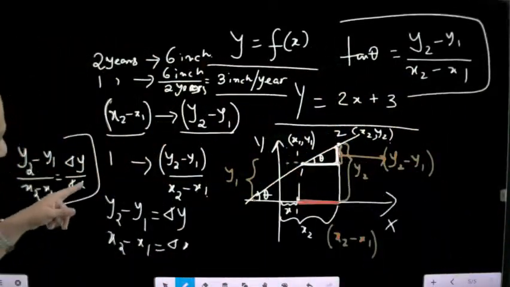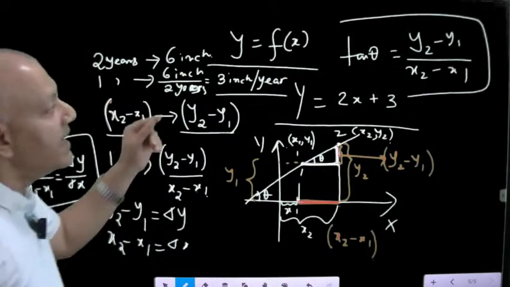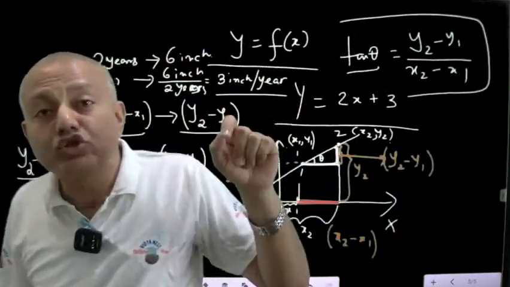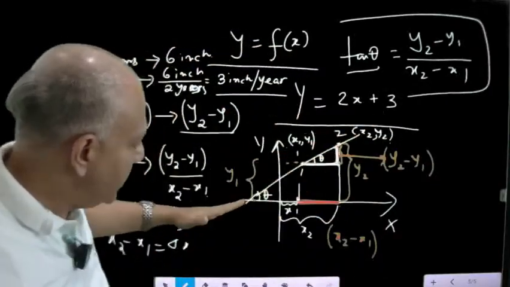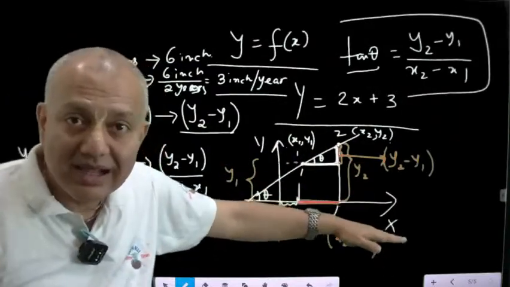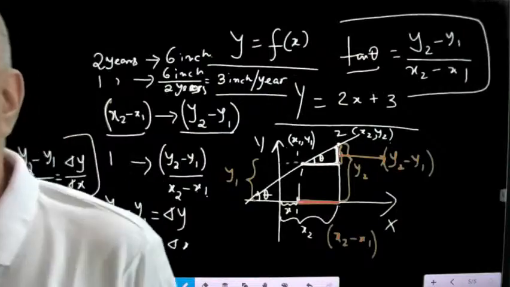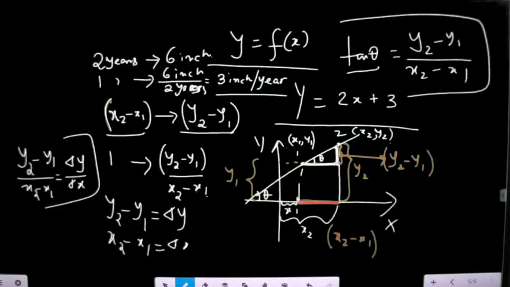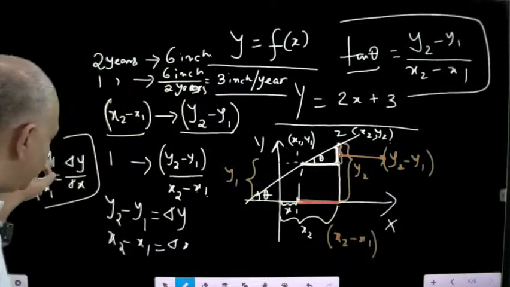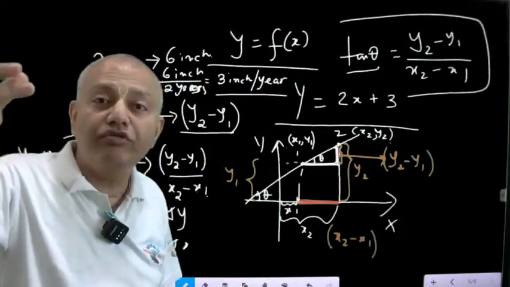That means delta y by delta x, meaning y2 minus y1 divided by x2 minus x1, actually means tan theta. What is this tan theta? This is the slope of this straight line. The tan of the angle the straight line creates with the x-axis is called the slope. That means if I am able to find this slope, we are finding the rate of change of y with respect to x.